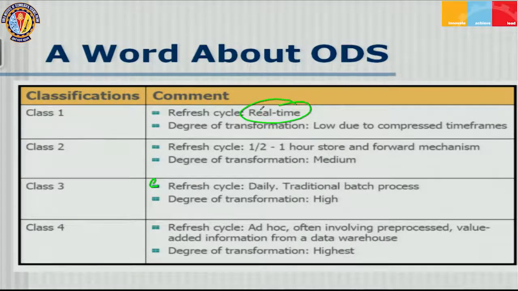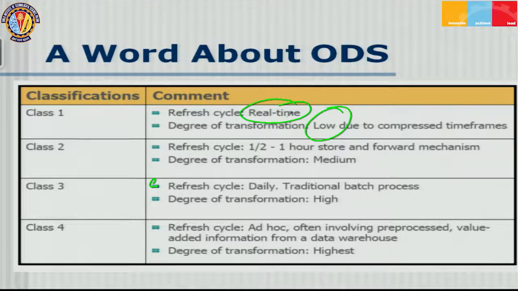That is, there is no latency allowed for bringing in data from the source systems to the ODS, and the degree of transformations is very low, so we don't process this data too much, right? It is brought in as it is, more or less, from the source systems.